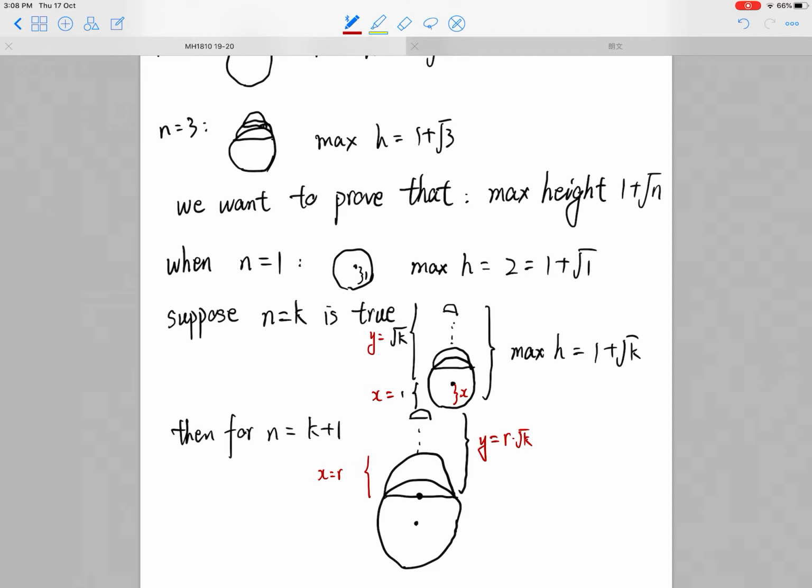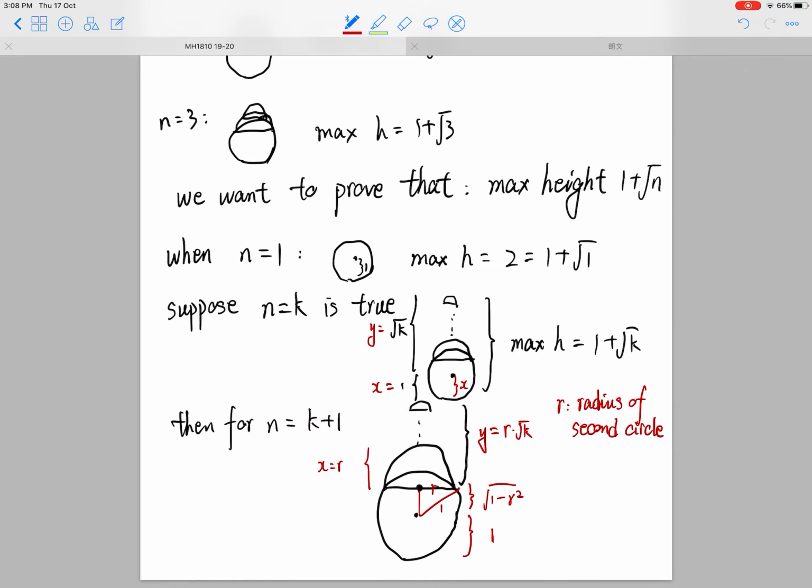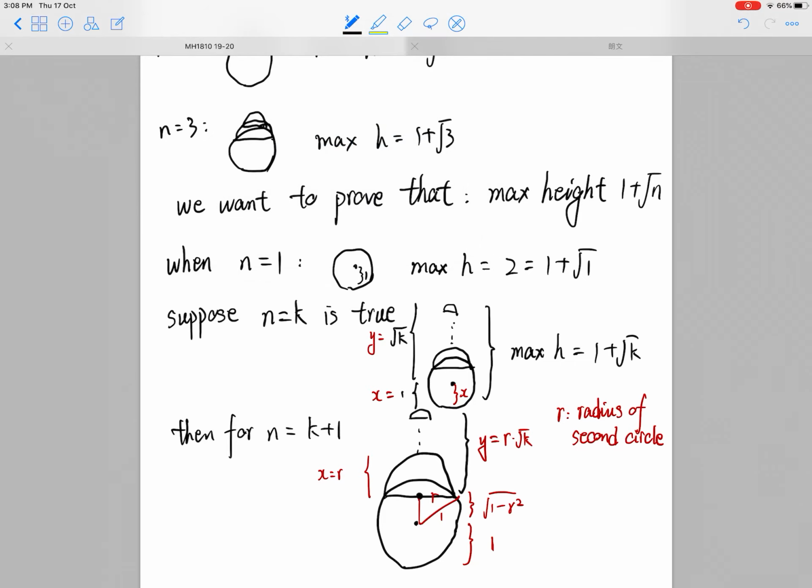So r is the radius of the second circle. Right, then this part is what? This part is still 1, right? Then this part, it's 1, it's r, so it's square root of 1 minus r squared. So in total, the height is a function of r. It's 1 plus square root of 1 minus r squared plus r times square root of k.